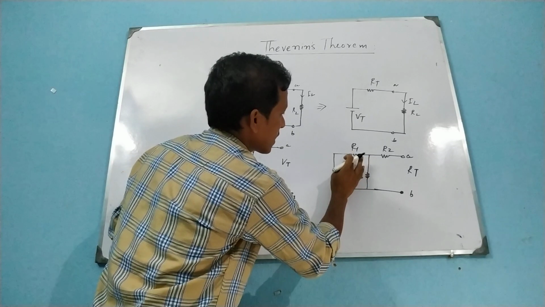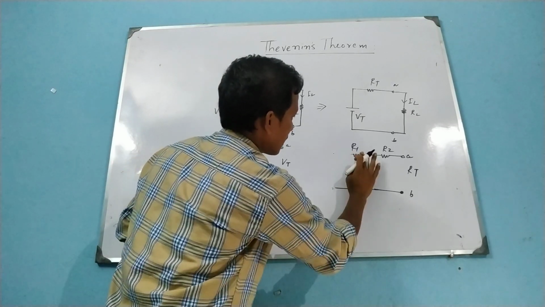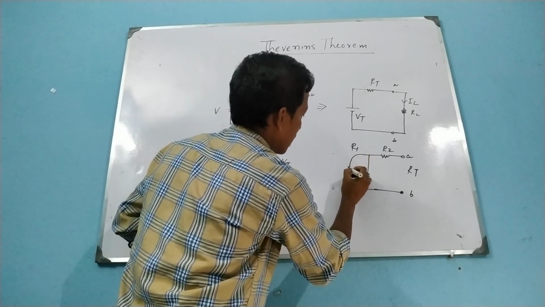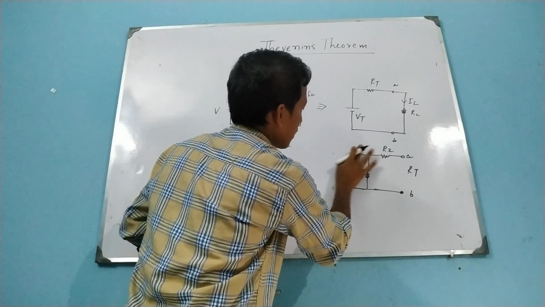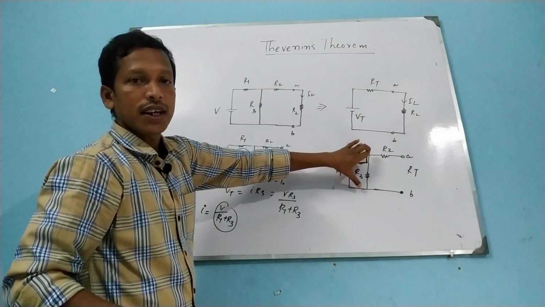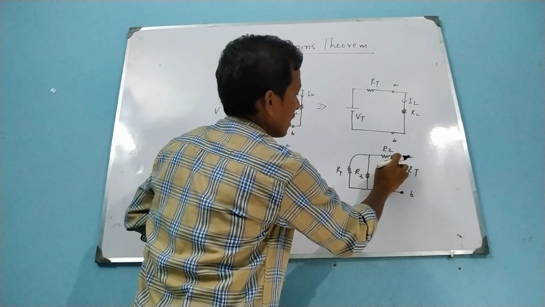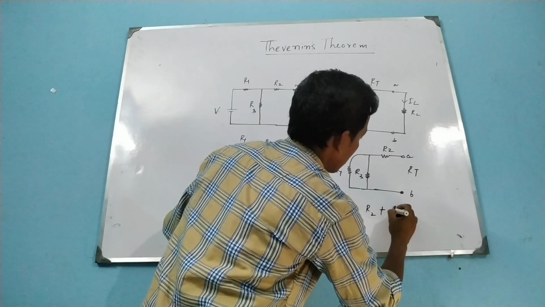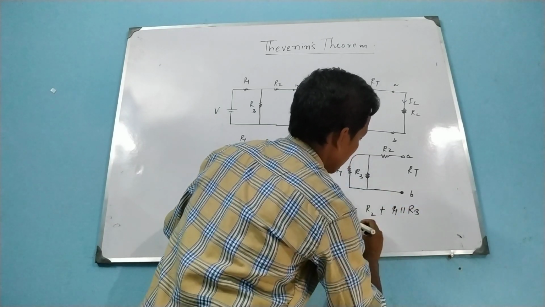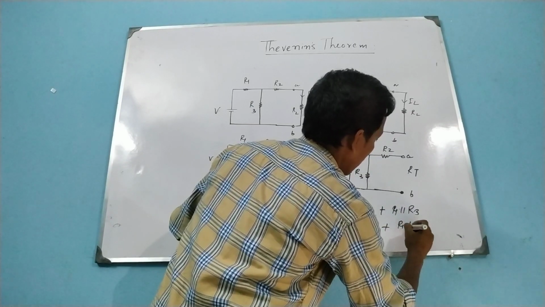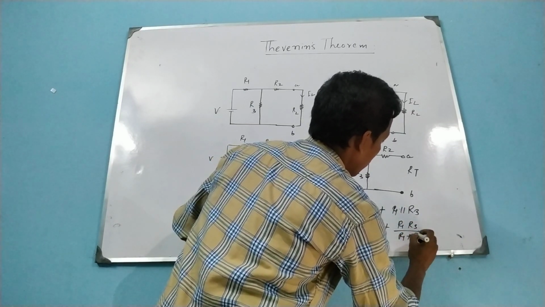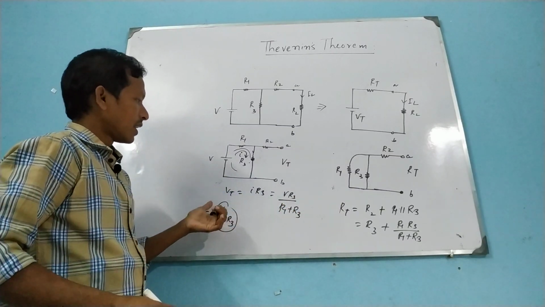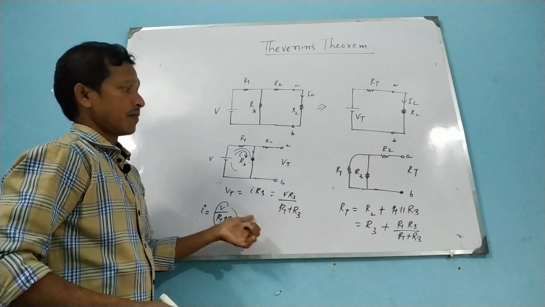And this circuit can be redrawn if we connect R1 just like that. So, R1 and R3 remain in parallel, and R2 in series. So, the Thevenin's resistance RT equals R2 plus R1 parallel R3, or R2 plus R1 R3 by R1 plus R3. So, this is the Thevenin's resistance, and this is the Thevenin's voltage.